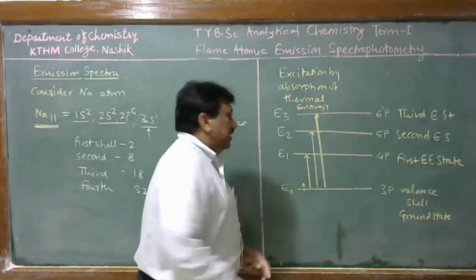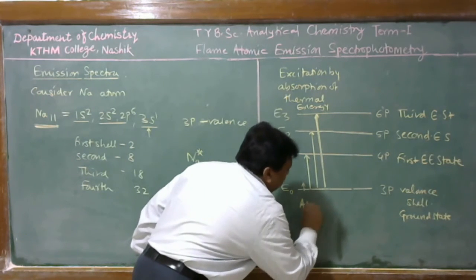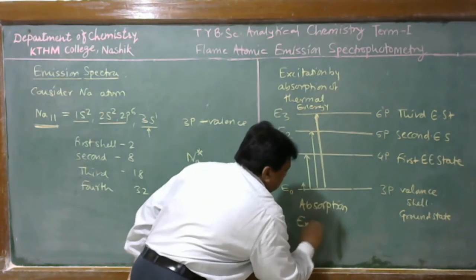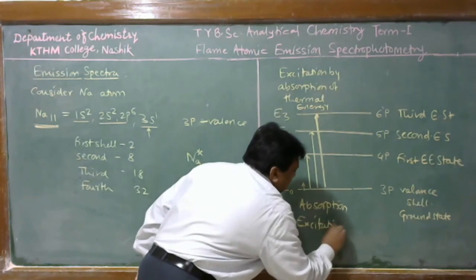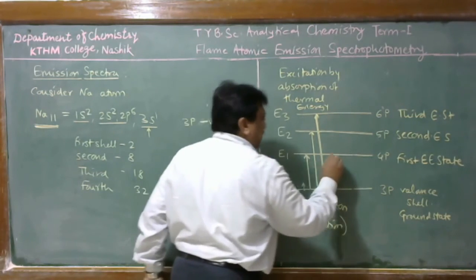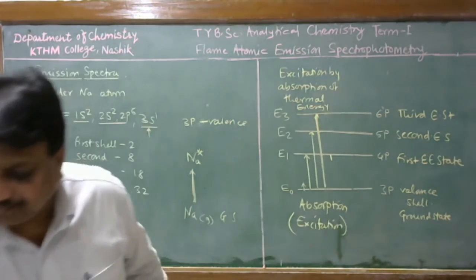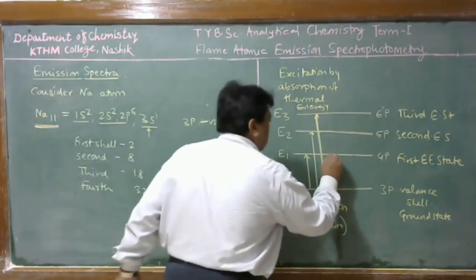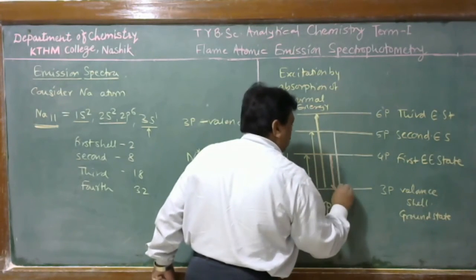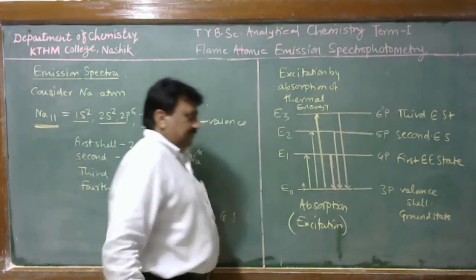When a molecule undergoes such a type of event, then we can say that it is excitation by absorption. And here, during the excitation, this electron gets promoted from this level to this level, or this level to this level, or from this level to this level.